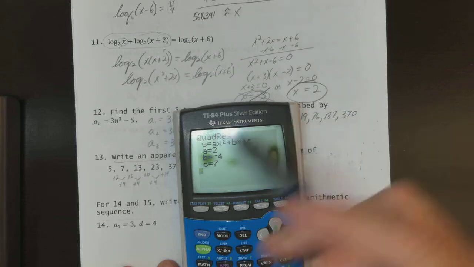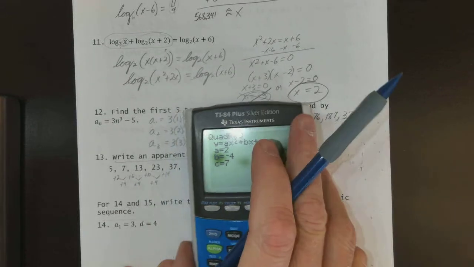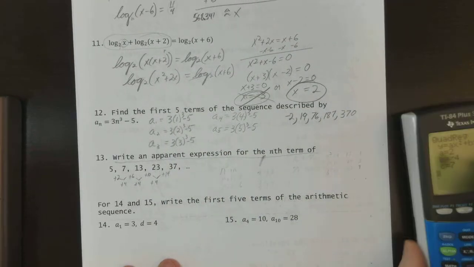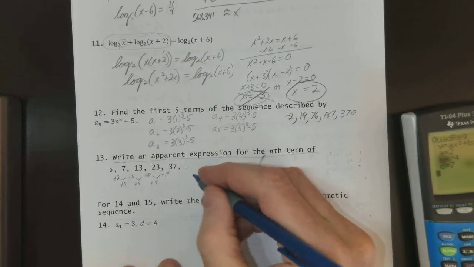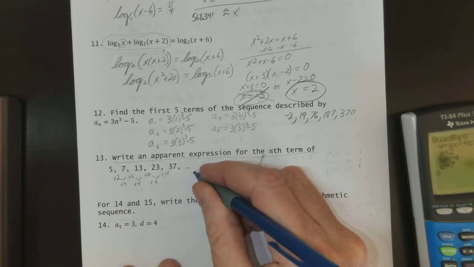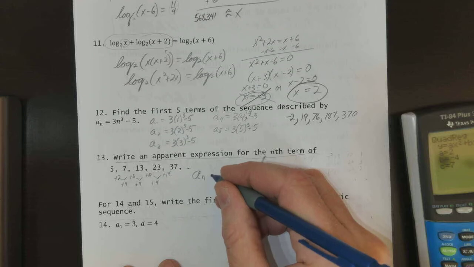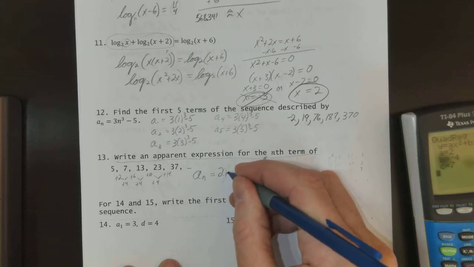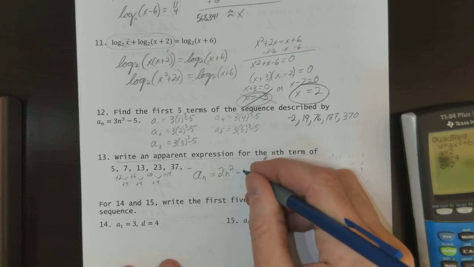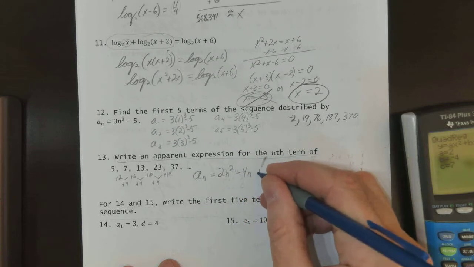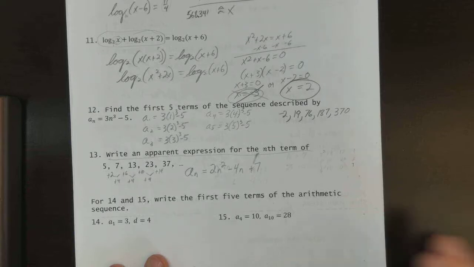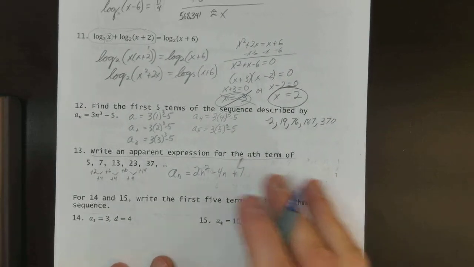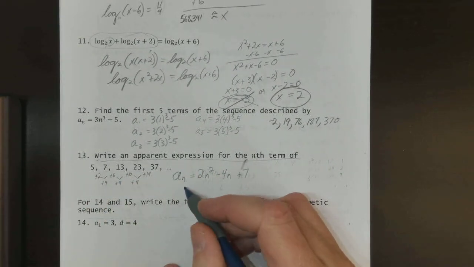I went through and did a quadratic regression, which is a technique we haven't discussed in this course, and actually came up with a sub n is equal to 2n squared minus 4n plus 7. But I cheated. I used the calculator to do that. I was trying to do it intuitively and was getting stuck.